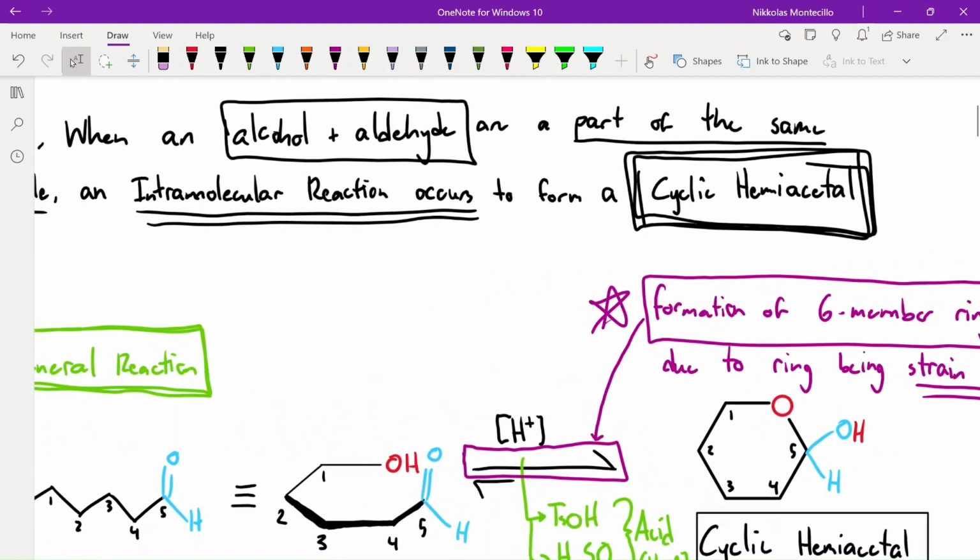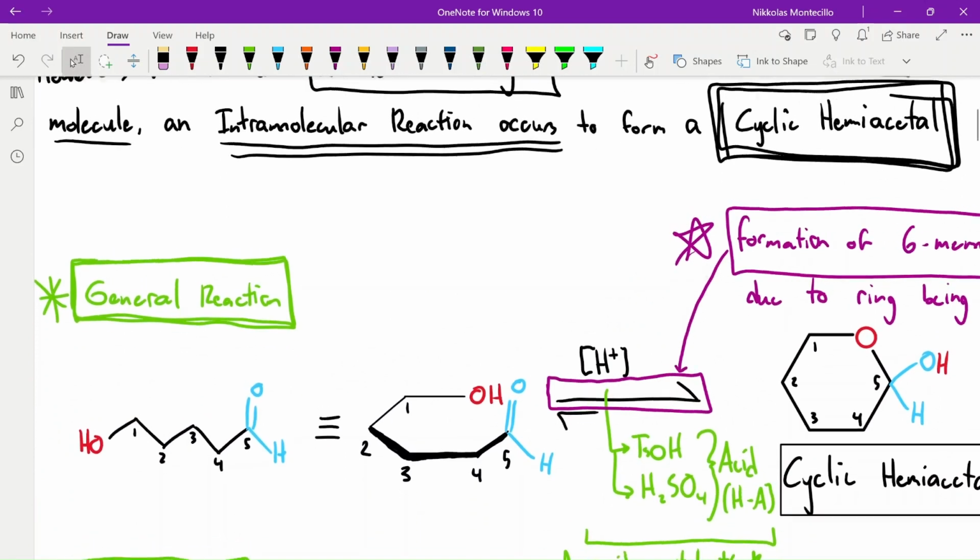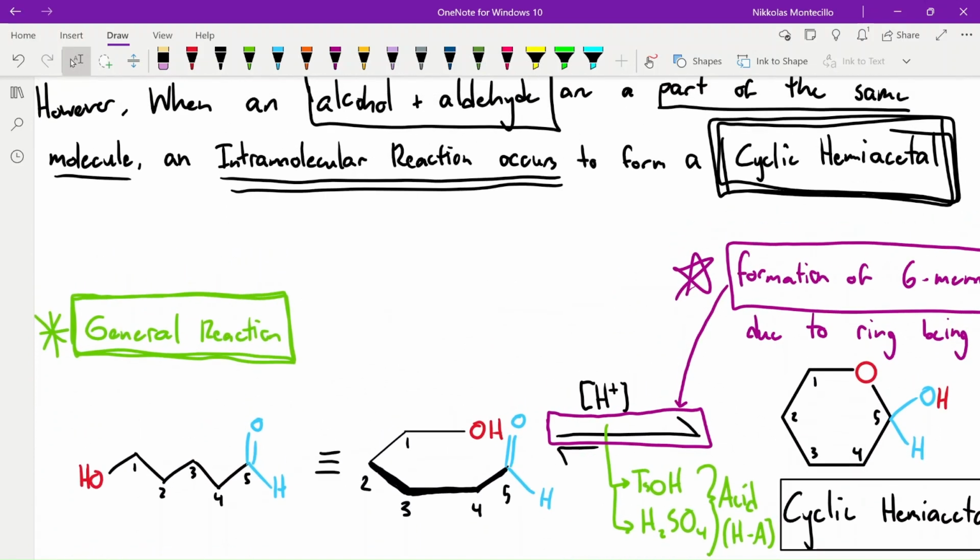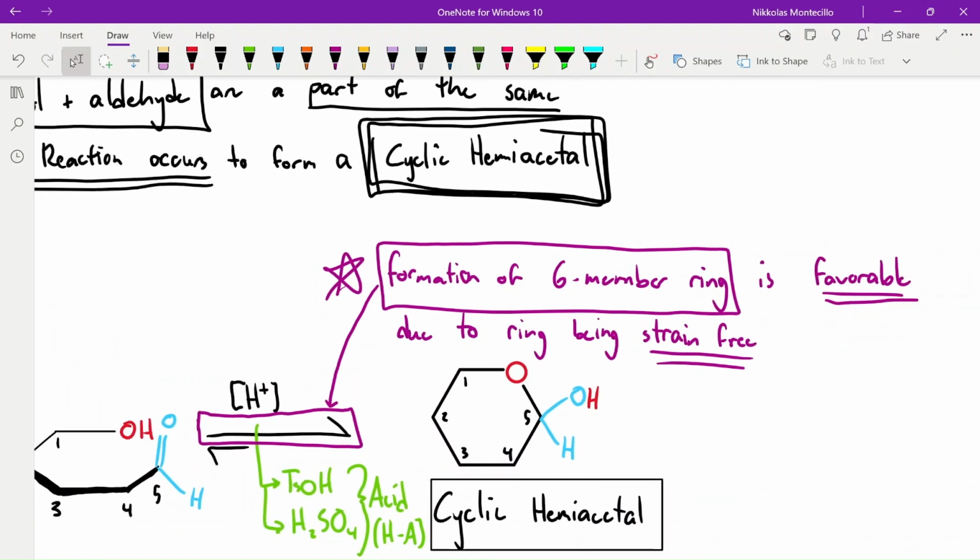And we can see here that the reaction goes heavily in the forward direction because the formation of a 6-member ring is favorable due to the cyclic hemiacetal ring being strain free.